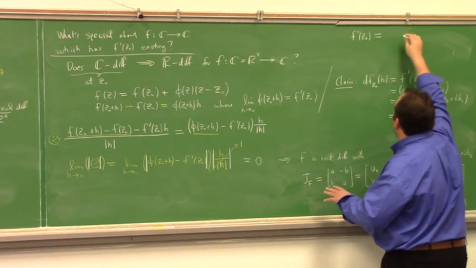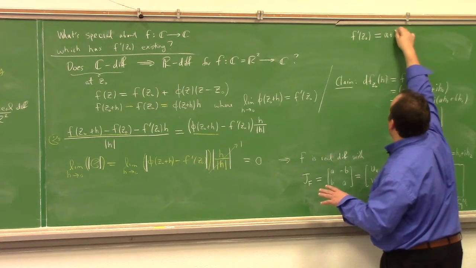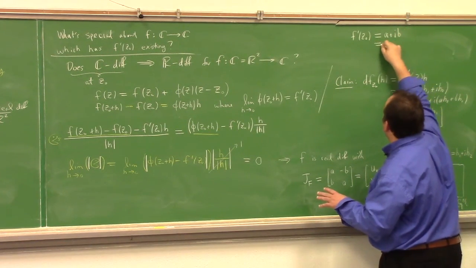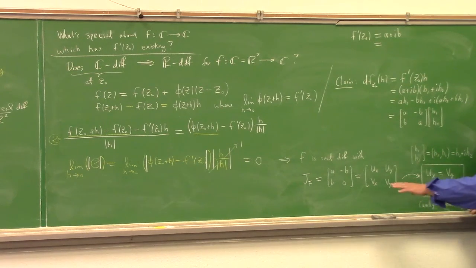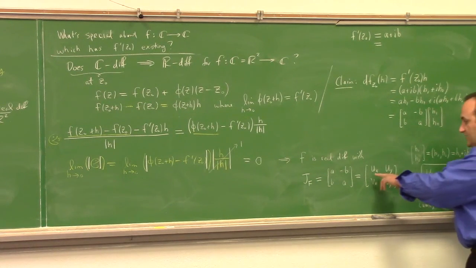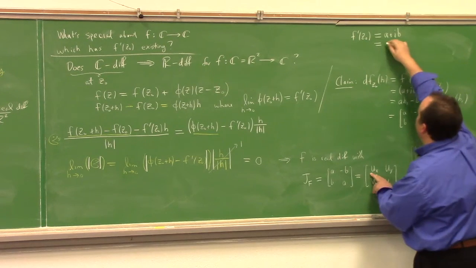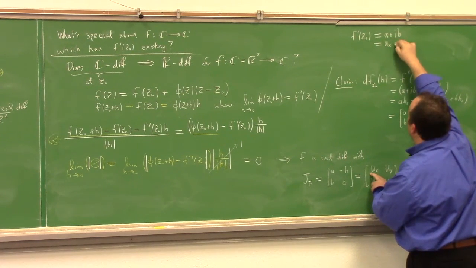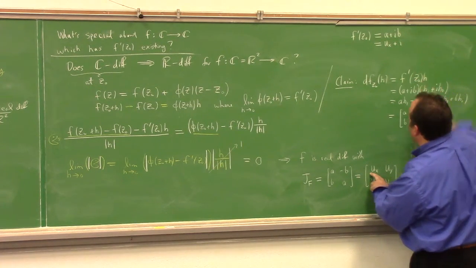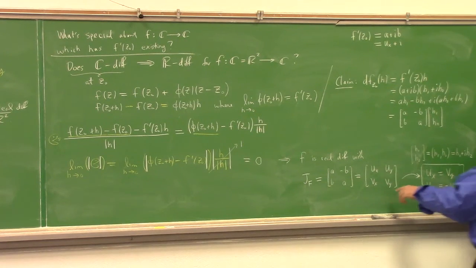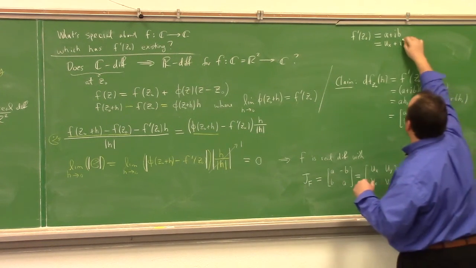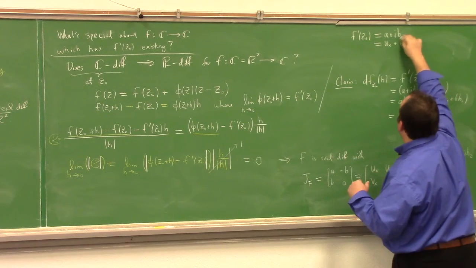As I was saying, we assumed it was a plus ib, but now that we compare a plus ib to the Jacobian matrix, what is a equal to? A is equal to ux, right? So we could write this ux plus i. And what's b? Well, b is equal to vx. So we could write it this way.